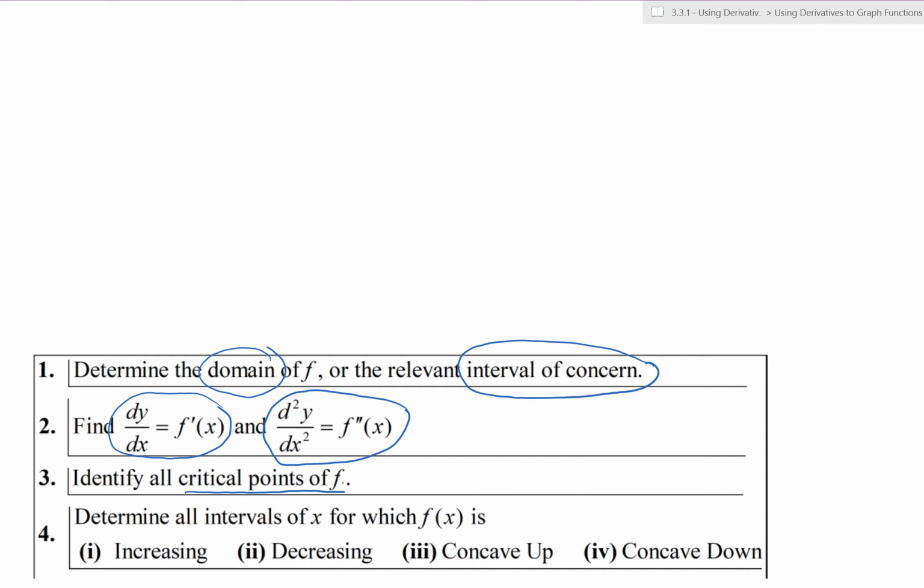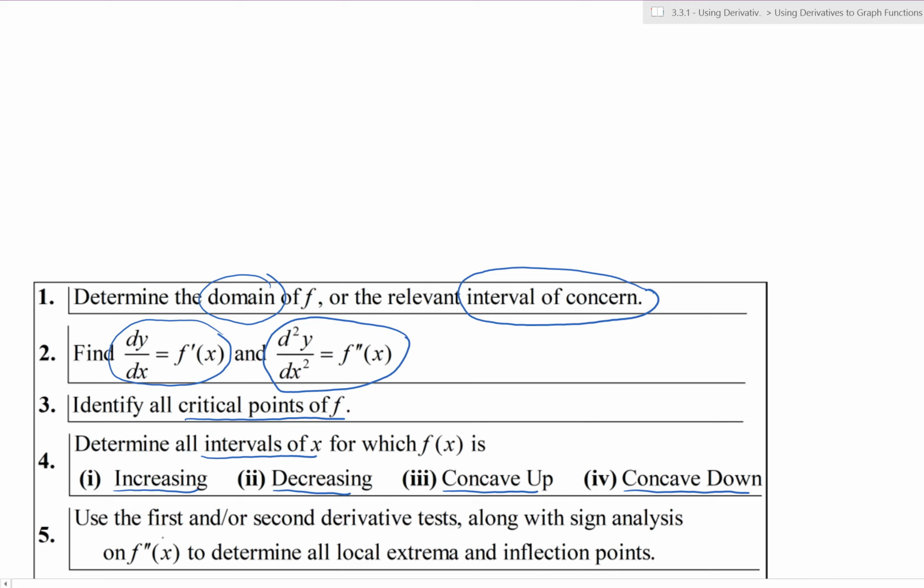Then, go ahead and find where the function is increasing, decreasing, concave up, concave down on all intervals. That'll give us a lot of information about the function. So we want to perform sign analysis on both the first derivative and the second derivative.